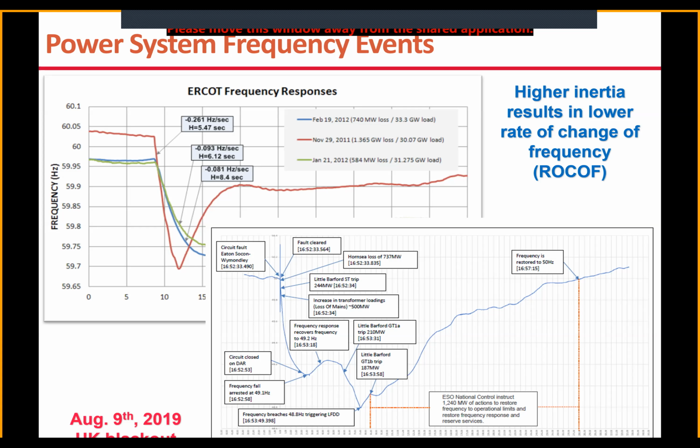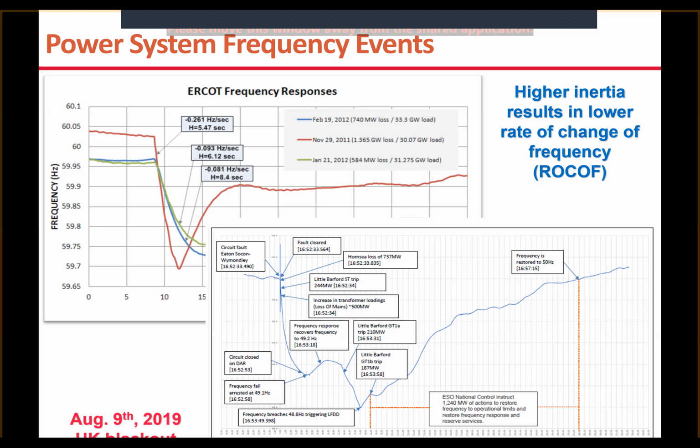And ERCOT in the US is 0.3 hertz. Yes, and this is 0.7. So the UK has more tolerance, it looks like.